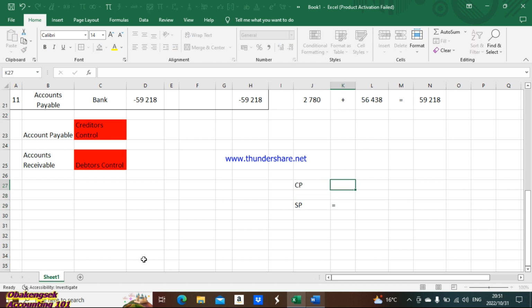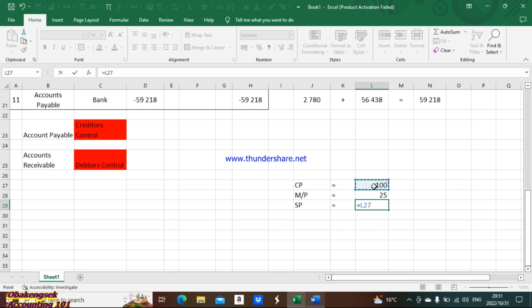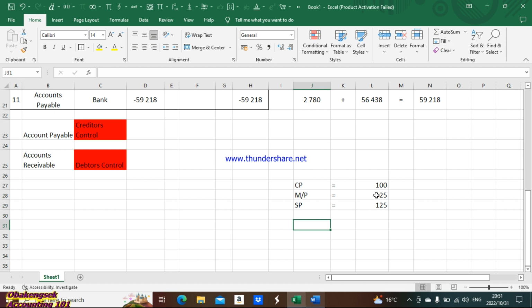So we have a cost price which is always equal to 100. Then we have our markup, so this is the profit. So it's going to be markup or profit, and let's say our markup is 25%. So our selling price is always equal to our cost price plus our markup. So that's 125.